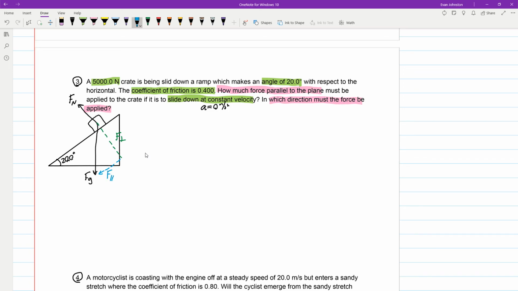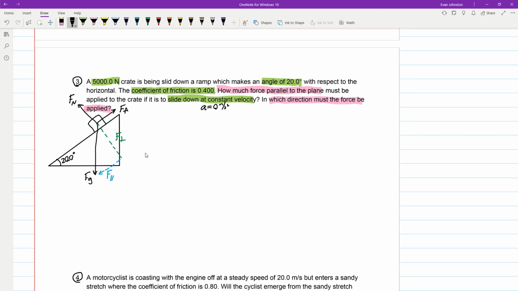Now, the box is sliding down the ramp. If it's sliding down a ramp, that means guaranteed that friction is going uphill. Friction is resisting the motion of it. Now, here's the thing. If friction is bigger than the parallel part of gravity, it's going to slow down and stop, and you would need to push it down the hill to help out the force parallel.